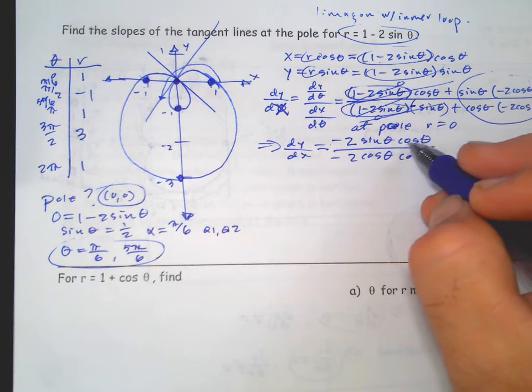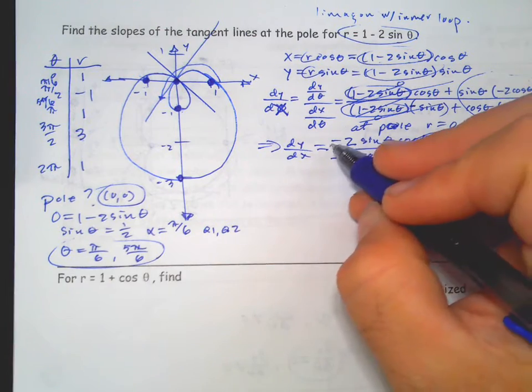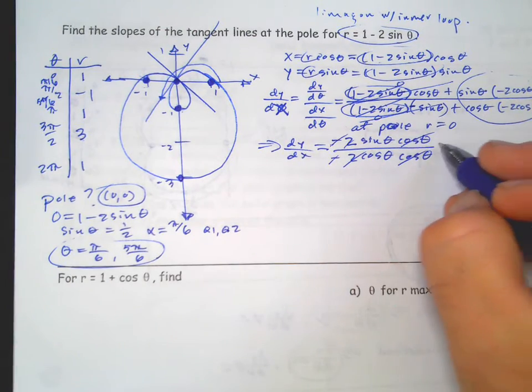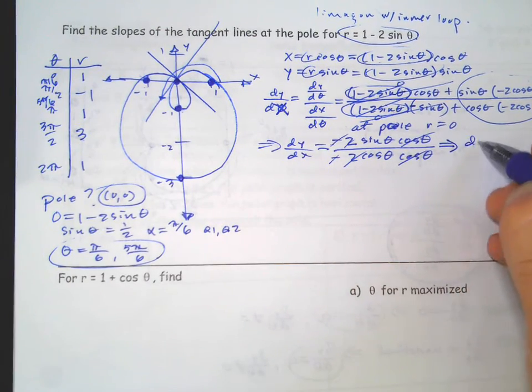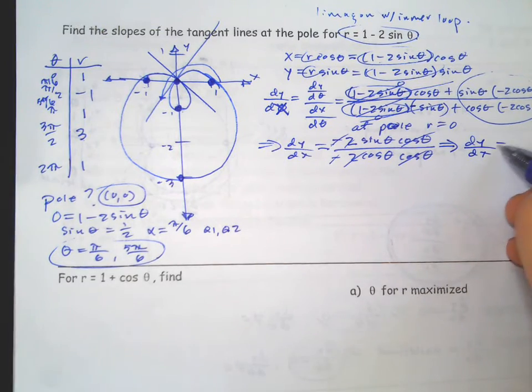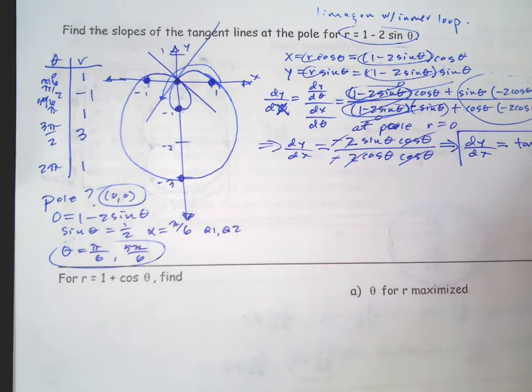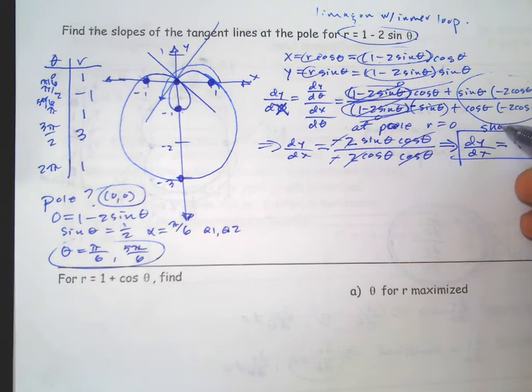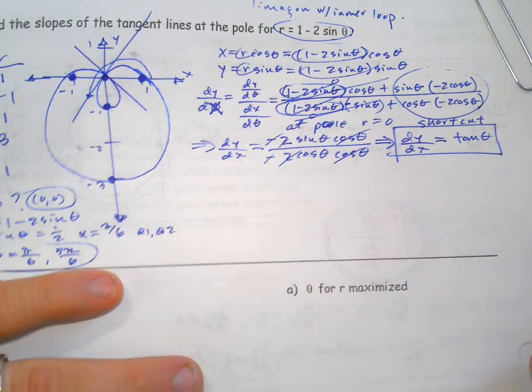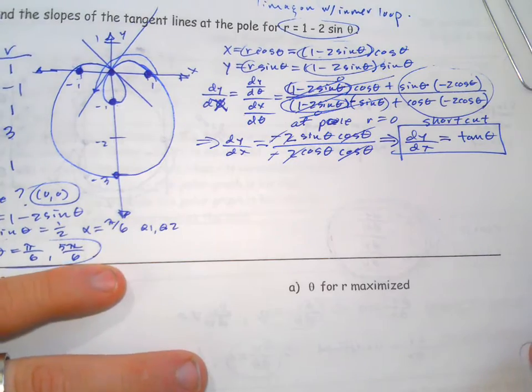Okay, but they both have a cosine. So the cosines cancel, the negatives cancel, the 2's cancel. And what do we get for dy dx in this very special case? Tangent theta. This is a shortcut. Okay, you don't have to learn it, but it's definitely a lot simpler.